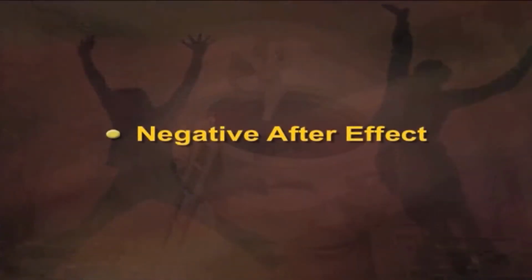But sometimes when the red object is taken away, we perceive the green color. This is known as negative after effect. The reason is that once one particular receptor exhausts its chromatic material, the complementary receptor automatically takes over and starts showing its function.